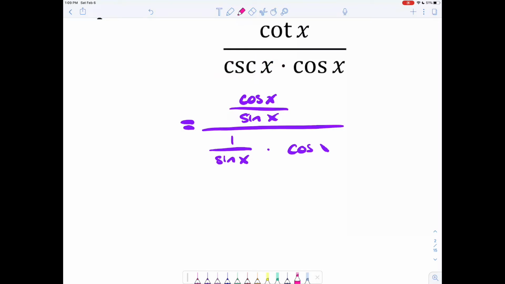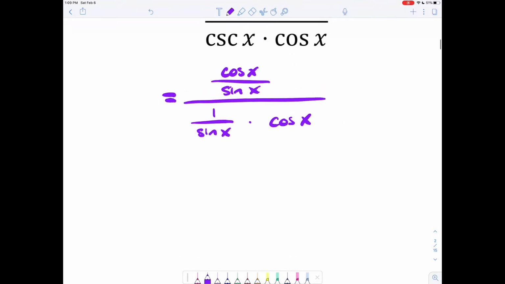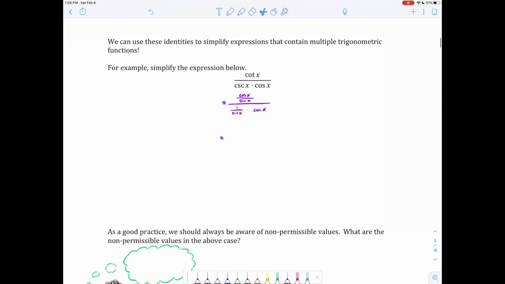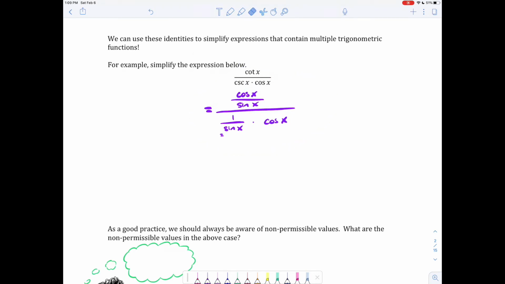To simplify this further, we have to note that we're dealing with a complex fraction, and we need to take care of that. There's a bunch of ways we can do so. I'm going to simplify the bottom just a little bit, rather than have two separate factors. On top, I've got cos x over sine x.